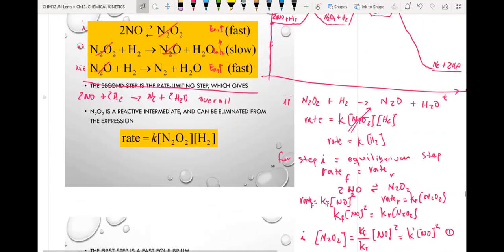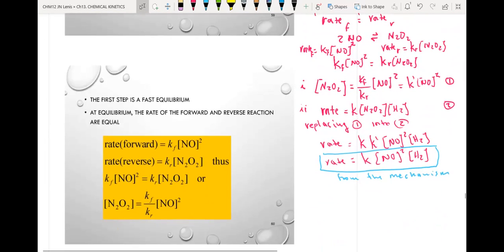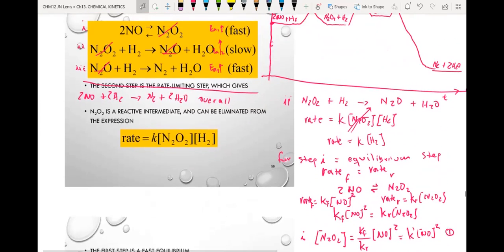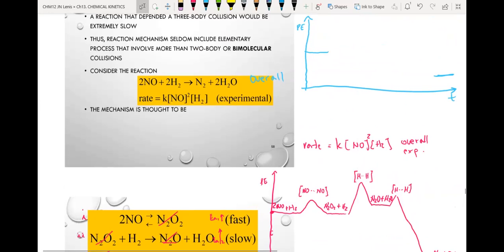Should we discard this mechanism and say, no, this is not good, the reaction is not going through these steps? The answer is yes, we can accept that mechanism because the rate law from the slowest step of that mechanism matches exactly the experimental rate law for the overall reaction.